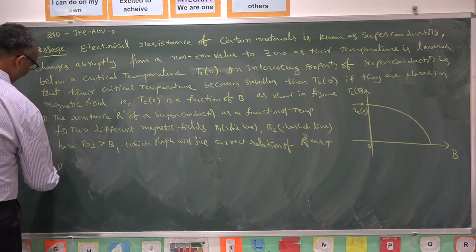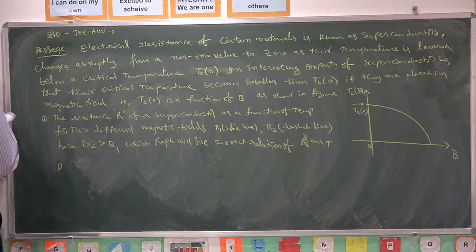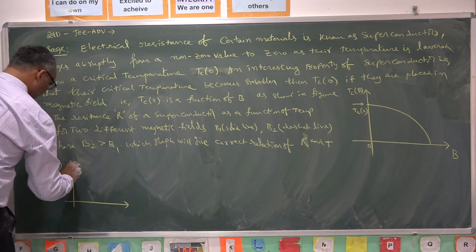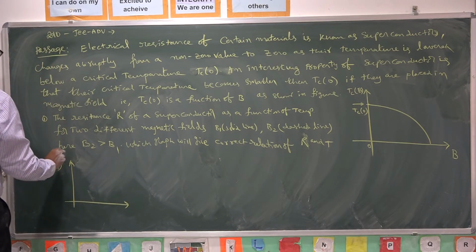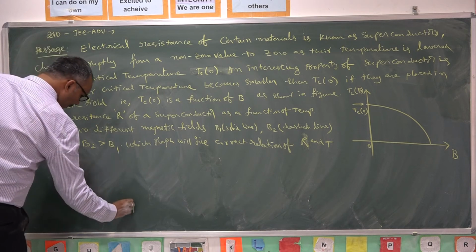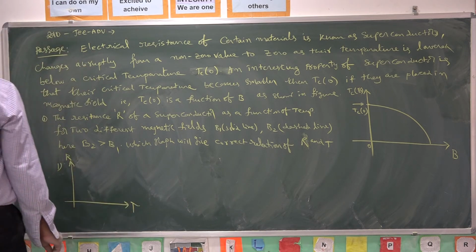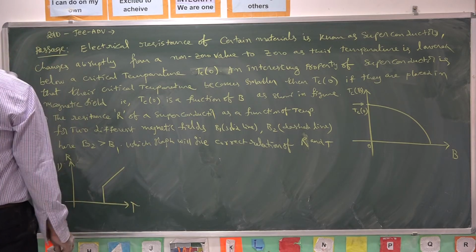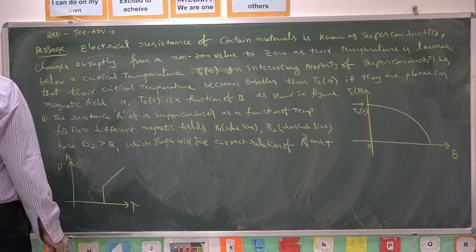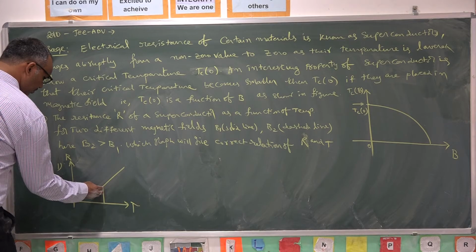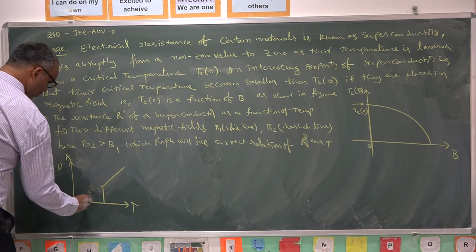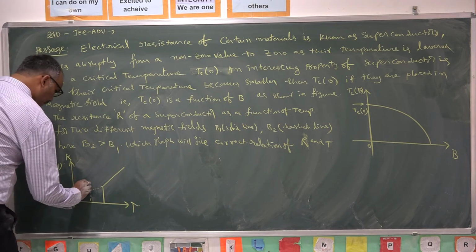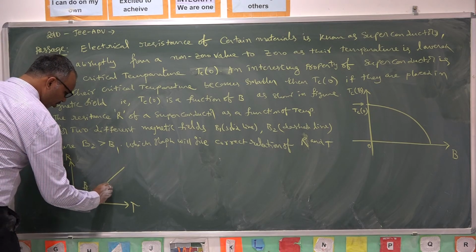Let us see those graphs. Graph number 1, it is like this, R, T. They gave this as B2, this as B1.